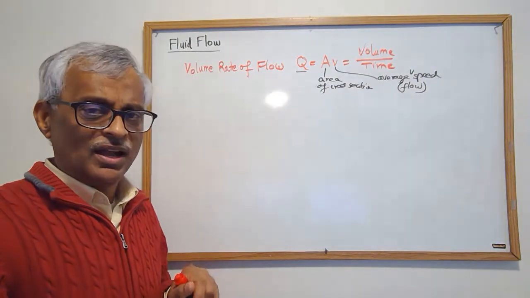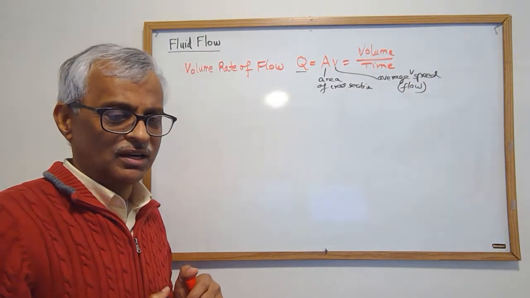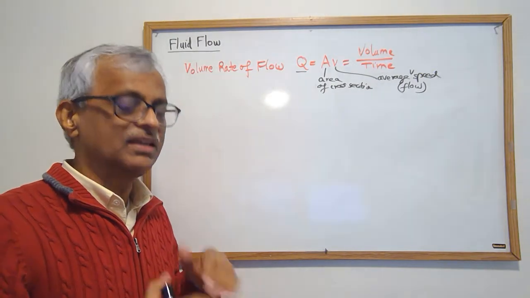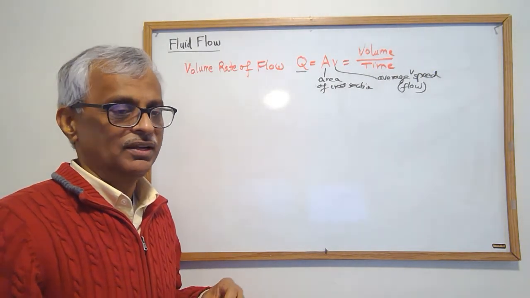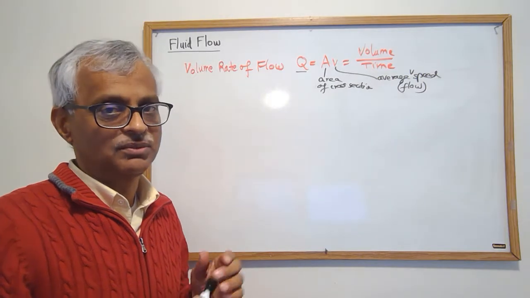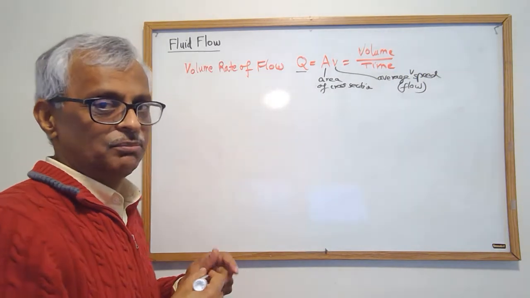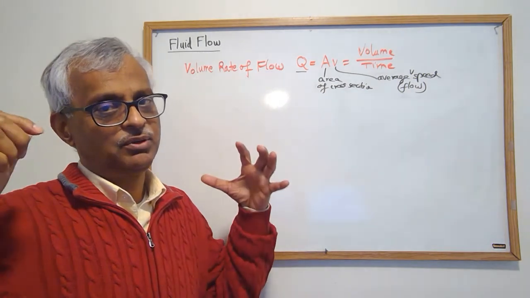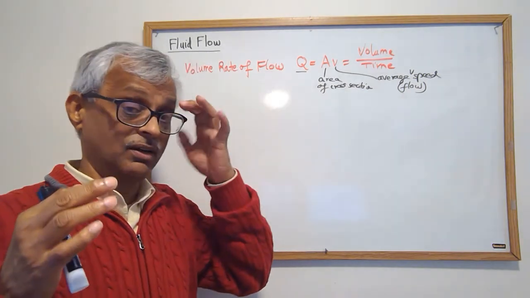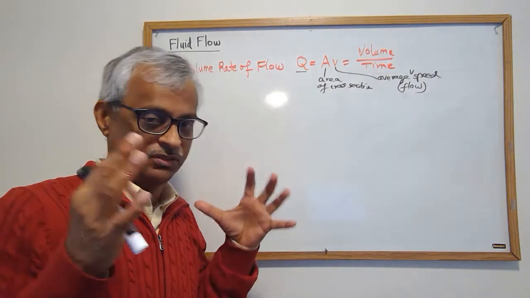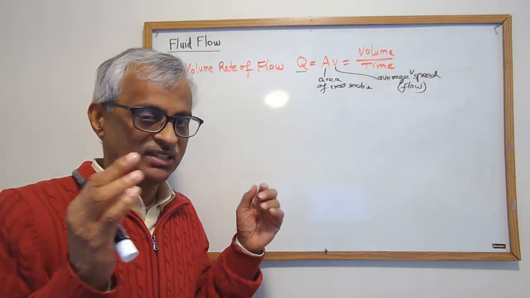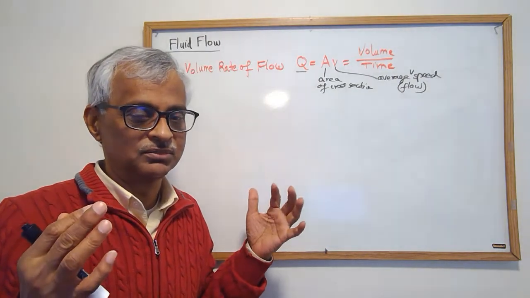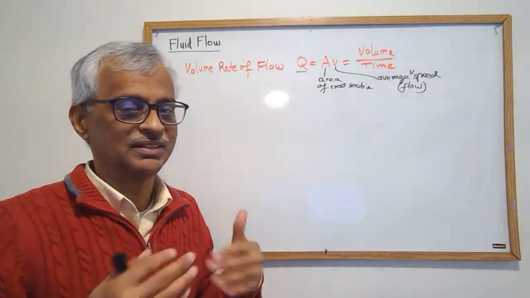Okay? I want to show you one important implication of this for incompressible fluids, like water. Water is a very incompressible fluid. By incompressible, I mean that when I put pressure on it from outside, when I compress the fluid, the volume changes very little, and we can neglect the change in the volume for a normal range of pressures.